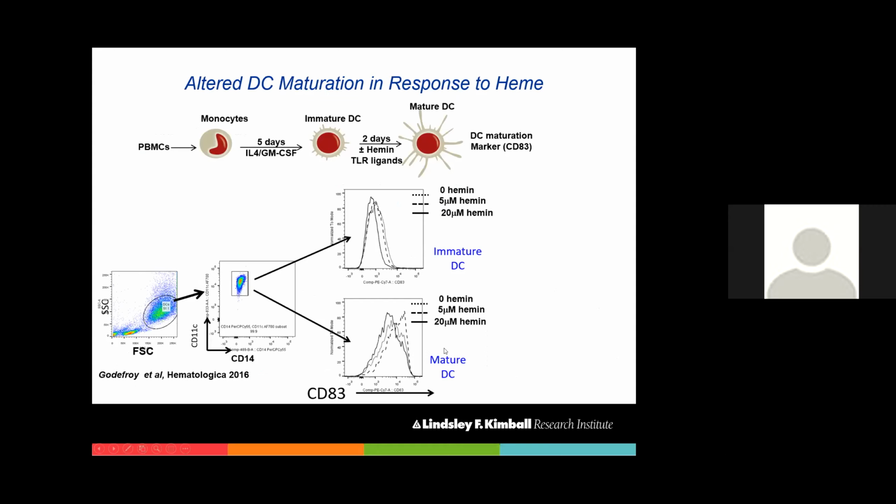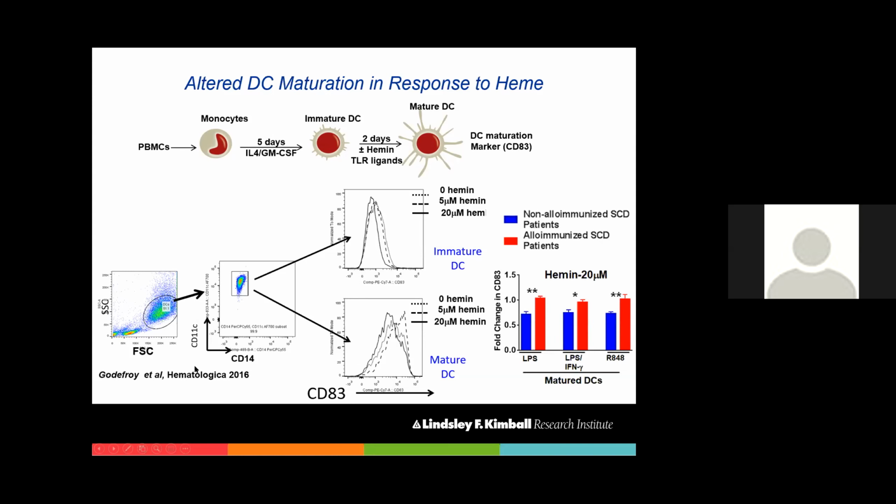What we're looking at is the effect of heme on CD83 expression on these mature dendritic cells. With increasing concentration of heme, you have less CD83. There's less maturation, so it's almost down-regulating the maturation of these dendritic cells.